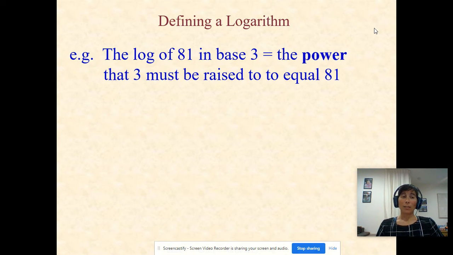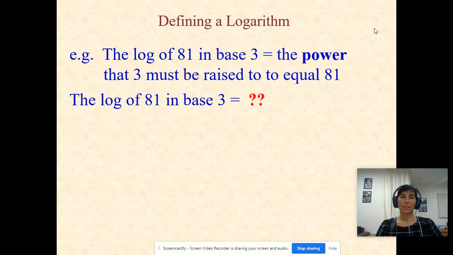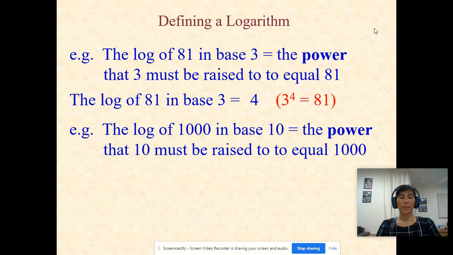So, defining a logarithm. Example, the log of 81 in base 3 is equal to the power that 3 must be raised to equal 81. Have a think about what that would be. So the log of 81 in base 3 would be 4 because 3 to the power of 4 is equal to 81.